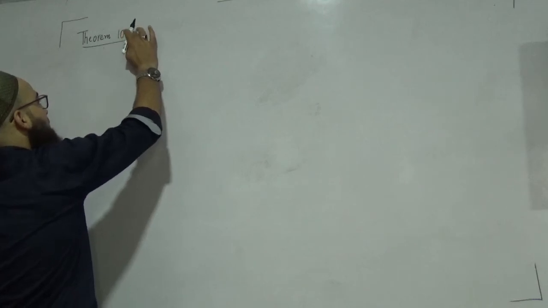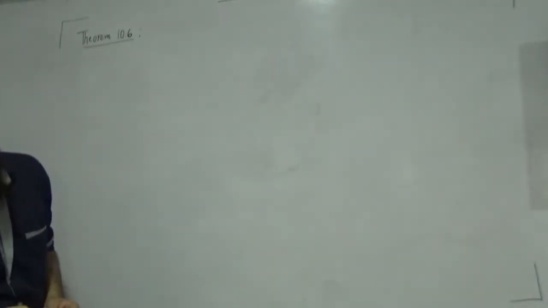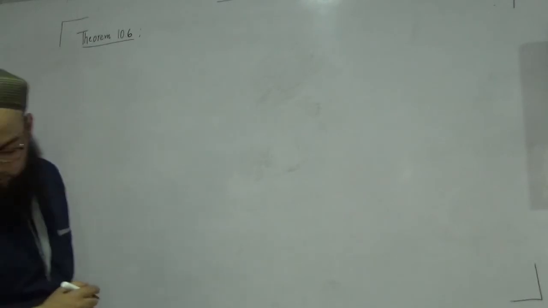Then we have theorem 10.6, which says equal chords of a circle are equidistant from its center.